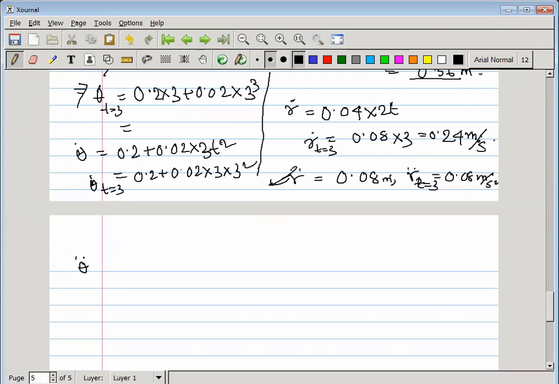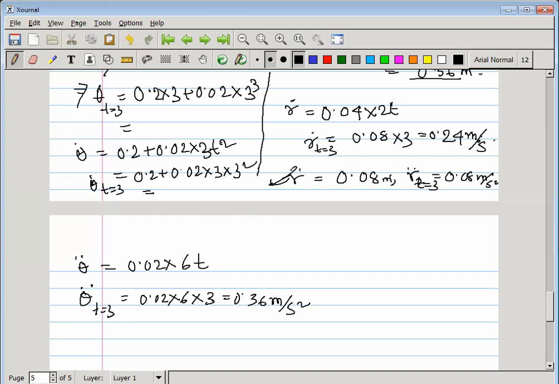And theta double dot is 0.02 into 6t, so at t equal to 3 it is 0.02 into 6 into 3, which is 0.36.